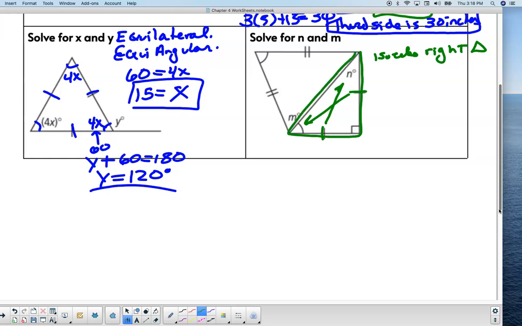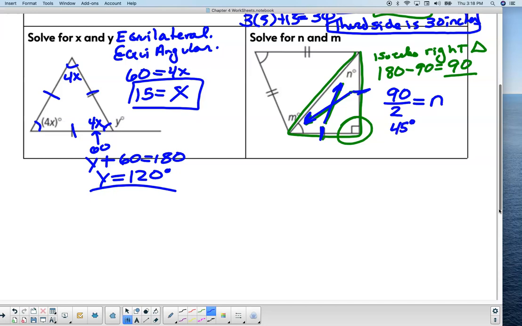That means my base angles are the same and they share 90 degrees because this is 90 degrees and 180 minus 90 is 90 degrees left over. Because these two sides are the same, the base angles must also be the same. So I'm going to take the 90 degrees that's left over, divide it by 2, and find out that n is 45 degrees.